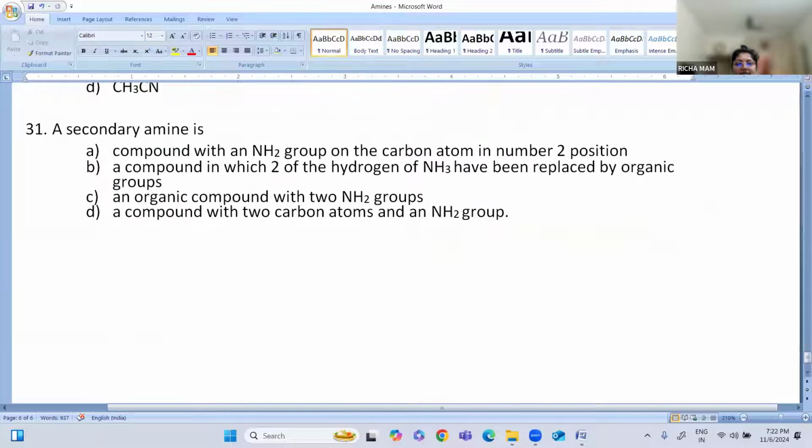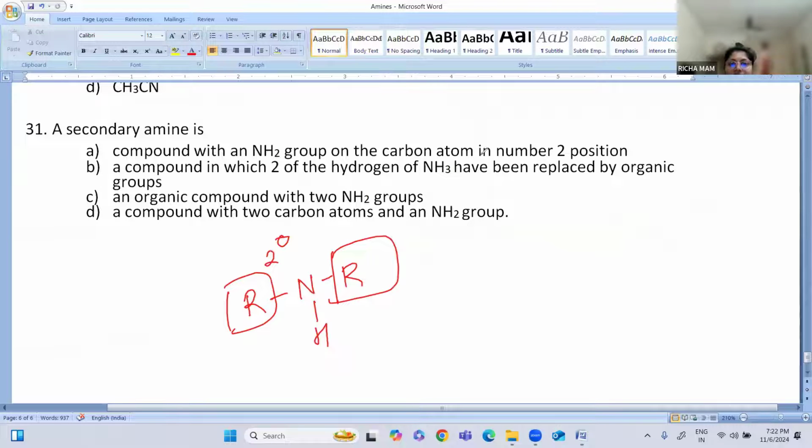What is a secondary amine? Nitrogen containing two R groups, right? So this is a secondary amine, where two R groups are present. A compound with two of the hydrogens of NH3 replaced by organic groups.